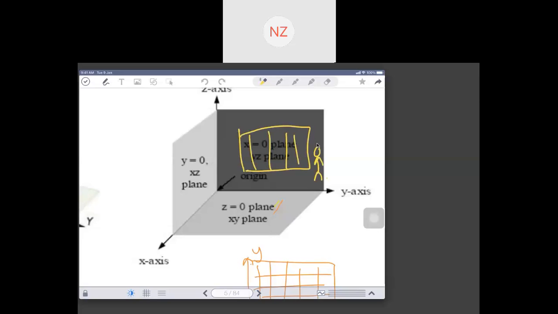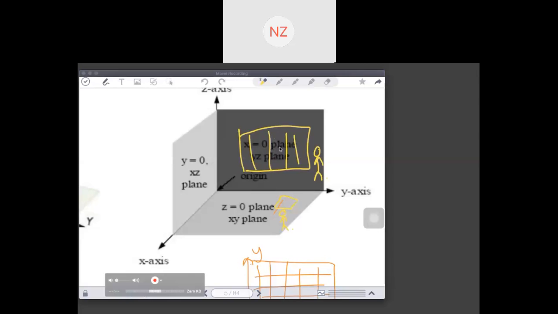This is the chair and the desk, and you are here. So xy plane is the floor, the base. Do you agree with me? Yes, doctor. And this one is called the front wall, where there is a whiteboard in front here. I would say front wall.